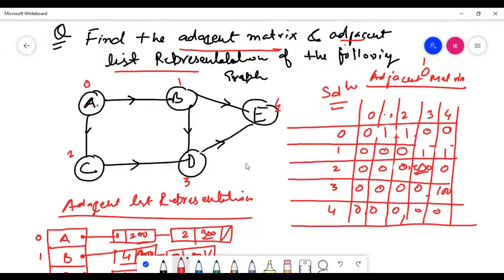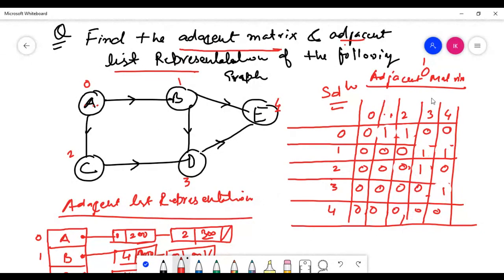Next, 2 to 3 a path exists, one. 3 to 4 a path exists, yes. What's the answer? Only this difference.